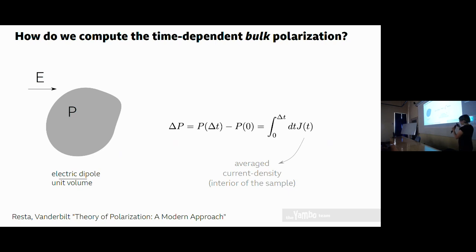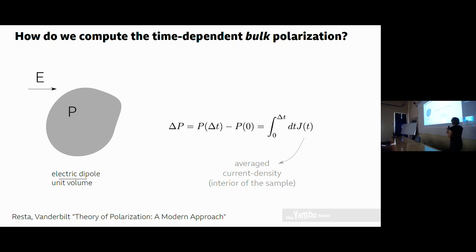If you apply a field, or if you have some material where polarization comes by applying some pressure, you can measure the current density in the interior of the sample, then take the spatial average and integrate over time. So you will get the change in polarization at that time.